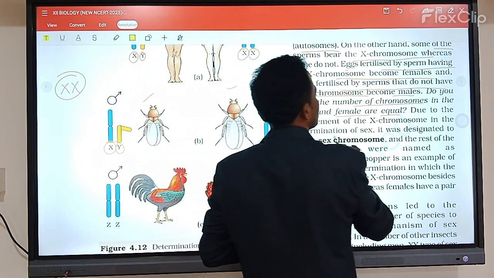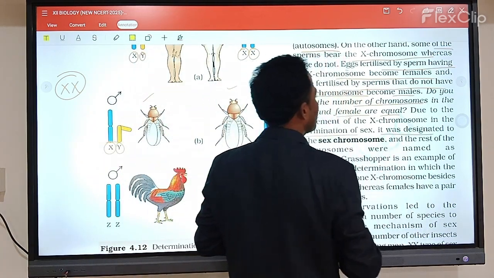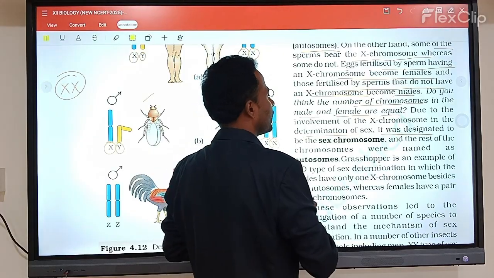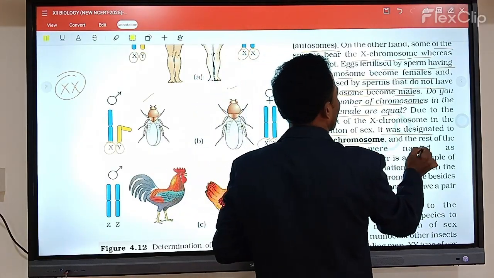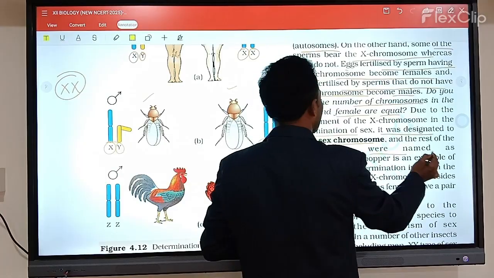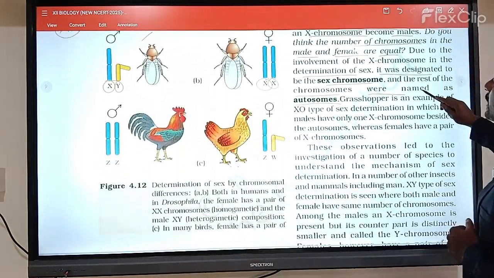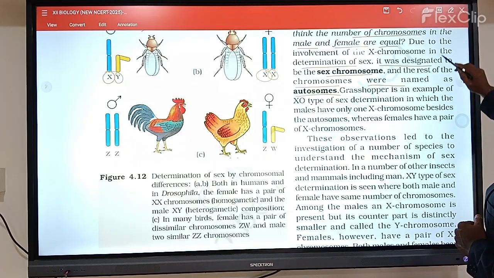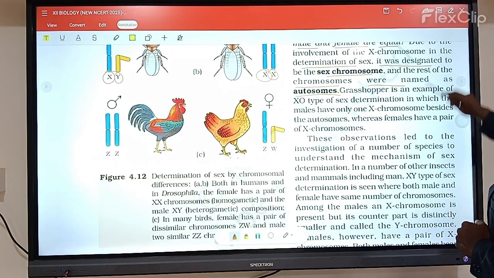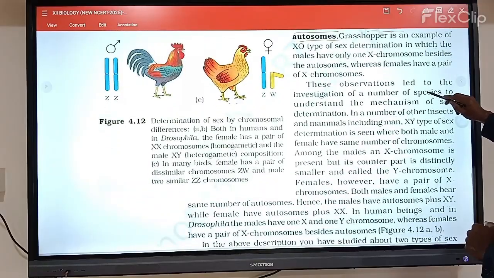The X chromosome determines sex, so the sex chromosomes are distinguished, and the rest of the chromosomes are named autosomes. So besides the sex chromosomes, the rest are called autosomes.